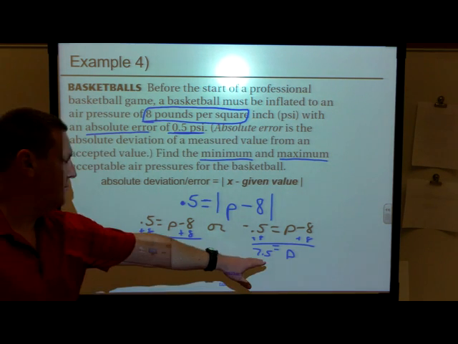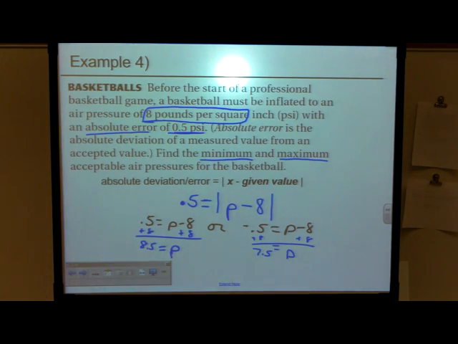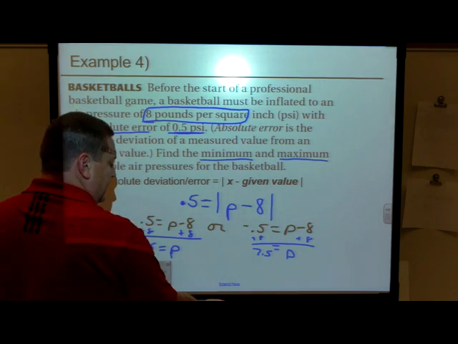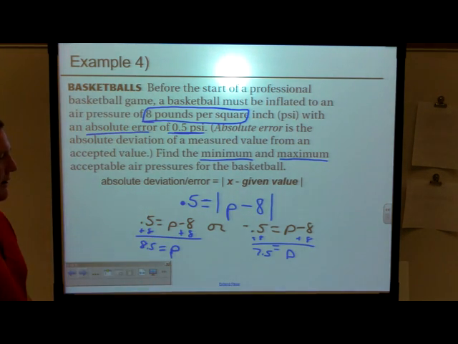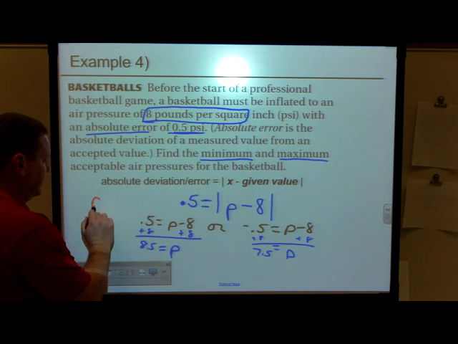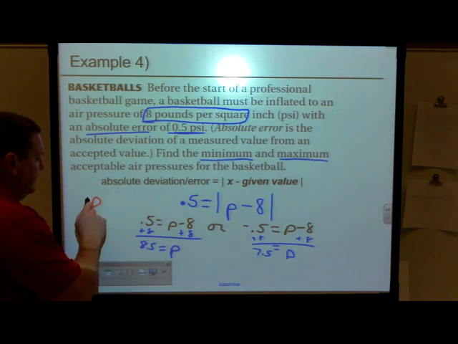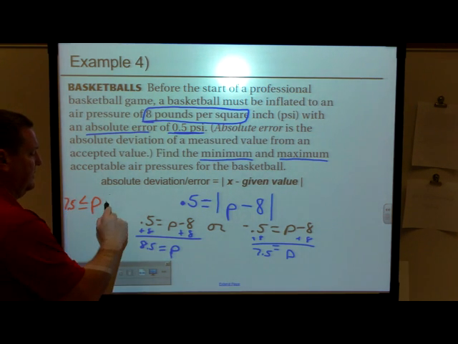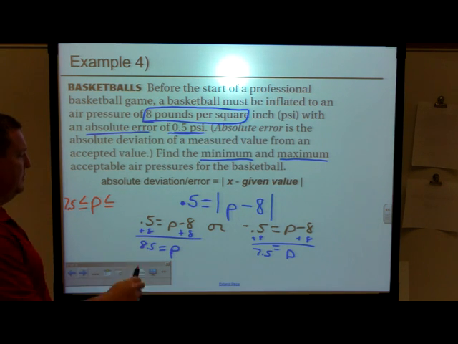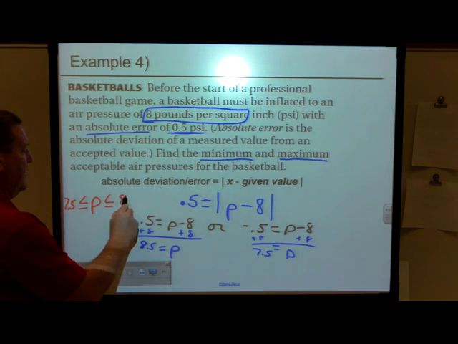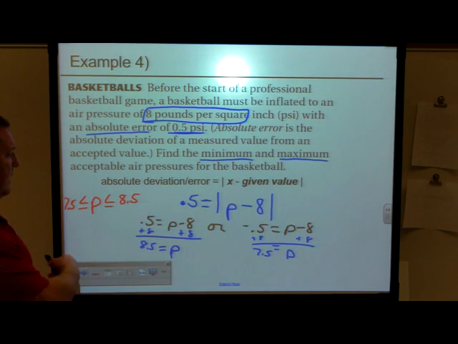So the minimum would be 7.5, the maximum would be 8.5. And if we wanted to, we could write this as one compound inequality where the air pressure, whatever it may be, has to be greater than or equal to the minimum of 7.5, and at the same time less than or equal to the maximum of 8.5. And we could go ahead and graph that if we were asked to do so.